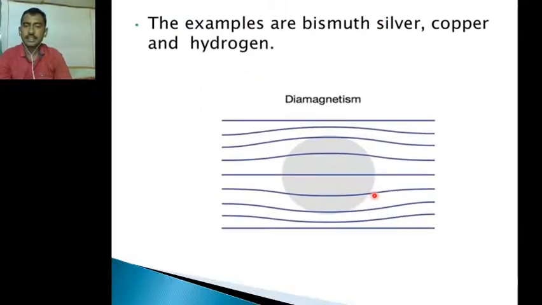That means, in the diagram of a diamagnetic material, most of the lines are outside the magnetic material. Only a few lines are present inside it. Examples of diamagnetic materials are bismuth, silver, copper, hydrogen, etc.